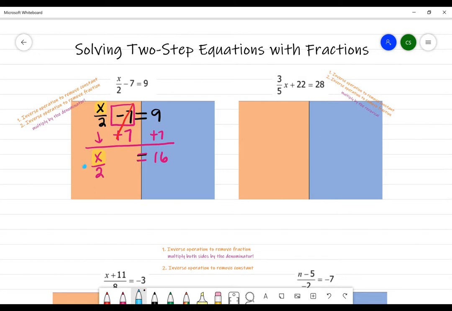Multiplying by 2. So if I multiply this side of the equation by 2, I also multiply this side of the equation by 2. Remember, cross multiplication. This cancels out, and I'm still left with x is equal to 32.